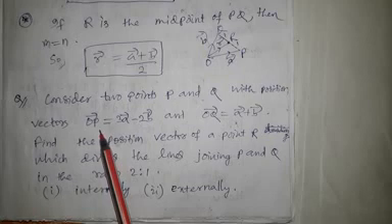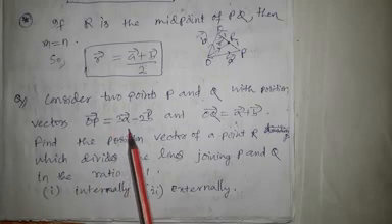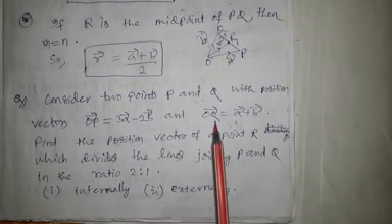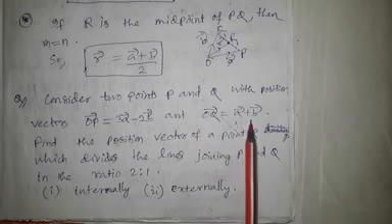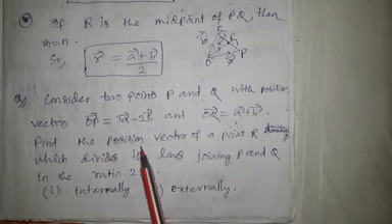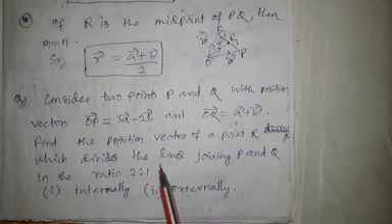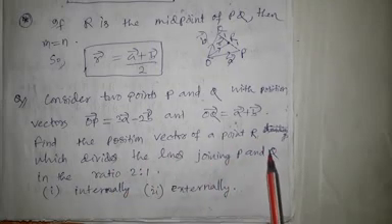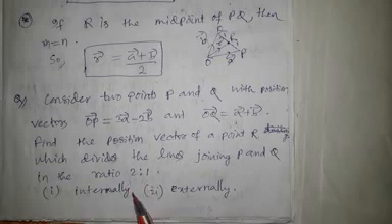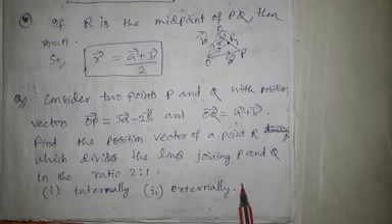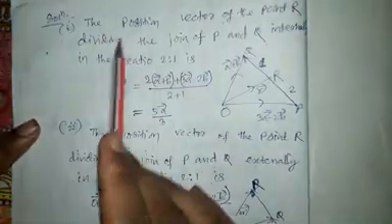Let us consider 2 points P and Q with position vectors OP equal to 3A minus 2B, and OQ equal to A plus B. Find the position vector of a point R which divides the line joining P and Q in the ratio 2:1, internally and externally. Now the solution.